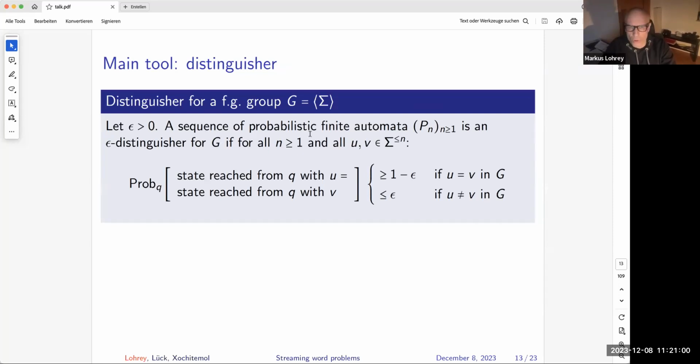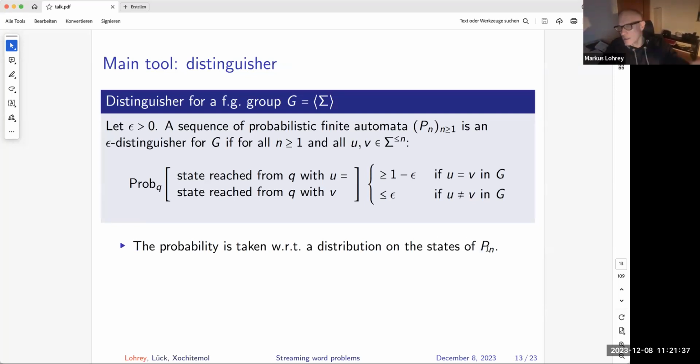if for all n greater or equal 1 and all input words u and v over the generating set Sigma of length up to n. So I take now 2 input words of length up to n. The following is true. We consider the probability, where the probability here is taken with respect to a distribution on the states of Pn.